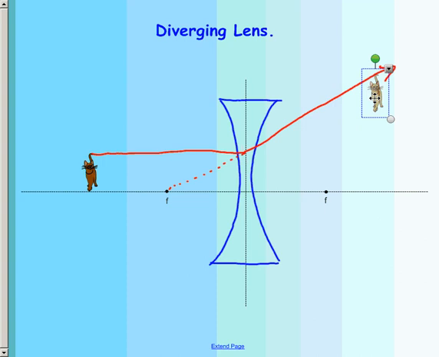So it goes to the left, and it looks like it's trying to go through the focal point, but what does it do? It goes out straight. So notice what happens here. For ray number 2, we say, what if it went through the focal point, but it's the focal point on the other side of the lens? The ray's trying to go through the focal point on the other side of the lens, from the right to the left, and it goes out from the right to the left straight.